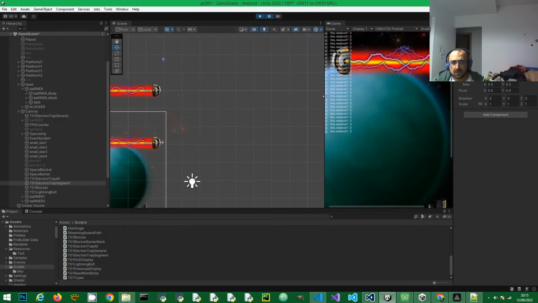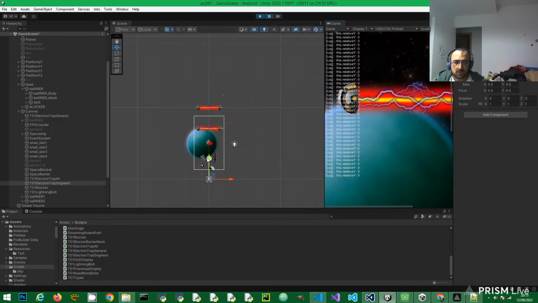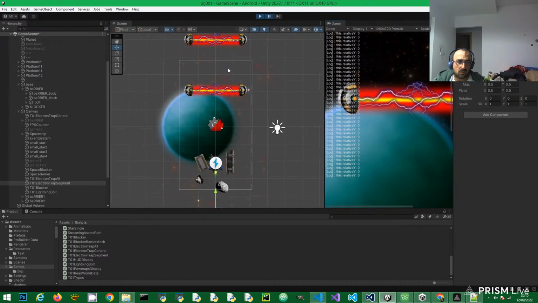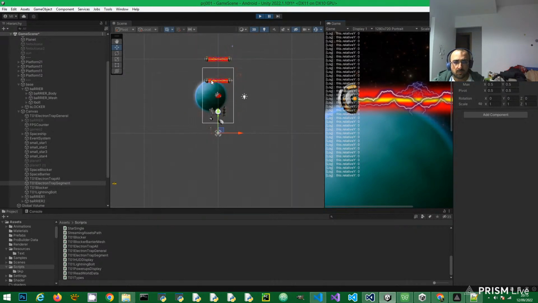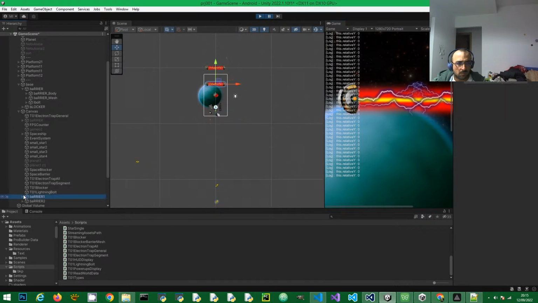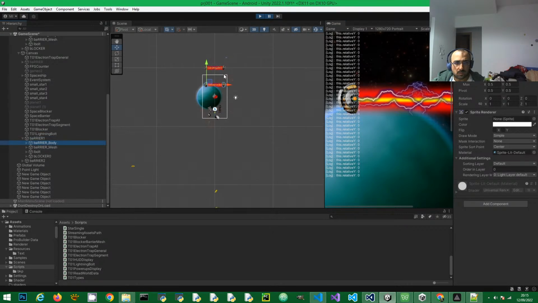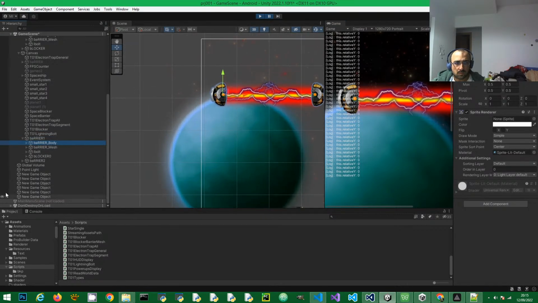Of course, it's 0. But it's very weird. So where is the blocker? The blocker here. Okay. So we have the barrier here. Look. This is it, the barrier.